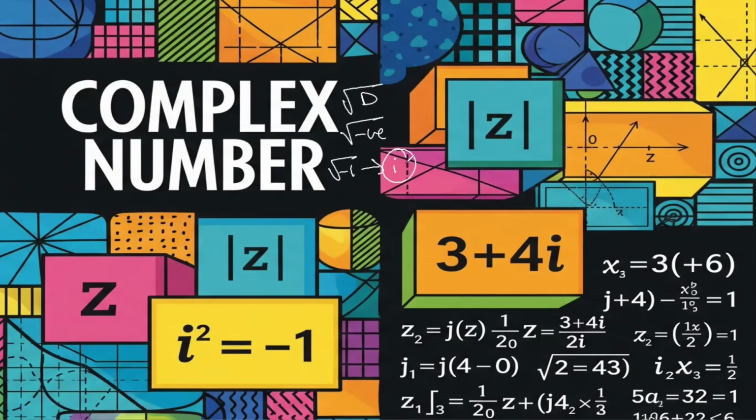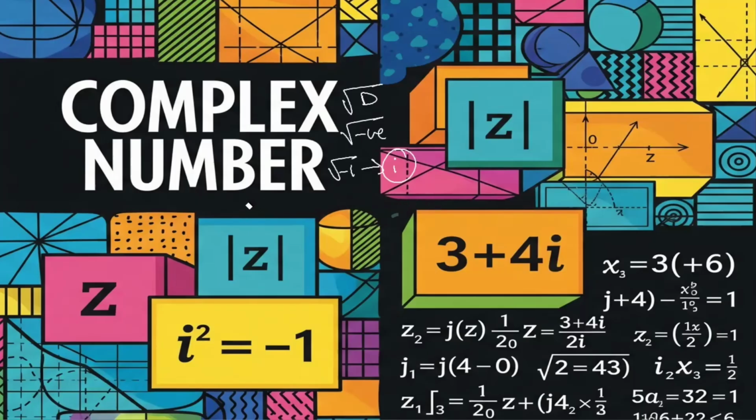So any number that consists of this i is basically called a complex number. If there is root of -5, I will say that this is nothing but root of 5 times root of -1, which is root of 5 i. Clear? Now, any number can be represented as a complex number.